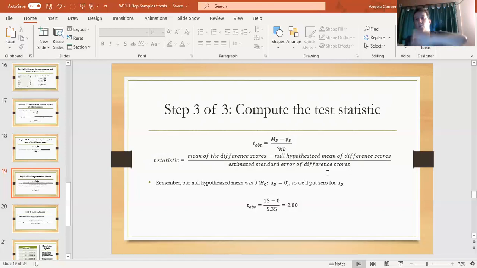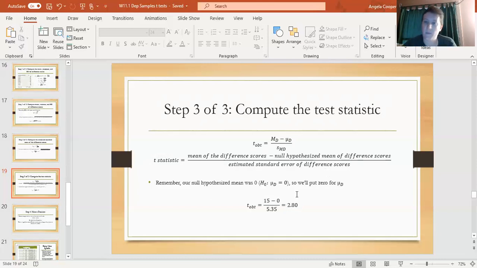We added those together and divided by 8. That gave us our mean of 15, minus 0, because that's the null hypothesized mean of the difference scores. So 15 minus 0, divided by 5.35. That gives us our obtained T statistic of 2.80. So our T here is equal to 2.80.